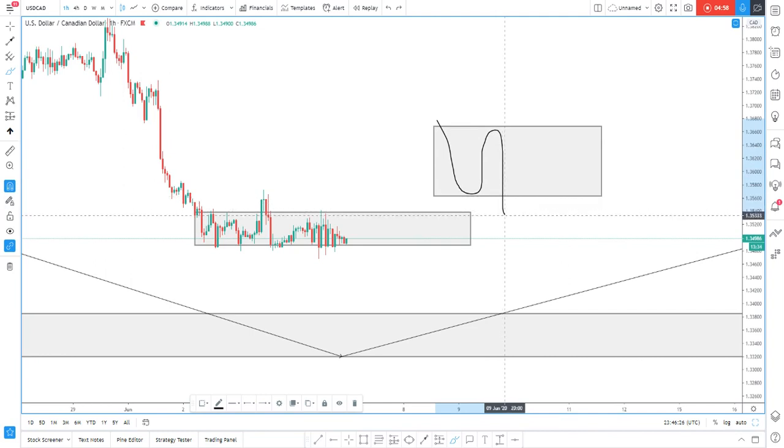It creates a fake out and immediately pushes price back into the zone, then does this. It has initially created a head and shoulders pattern. Now it can be taken in both scenarios, be it a buy scenario or a sell scenario, but this will be a buy scenario.